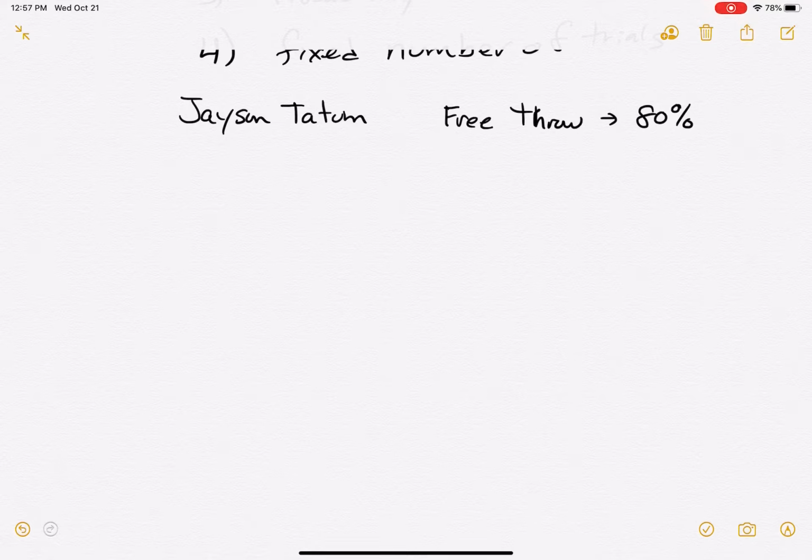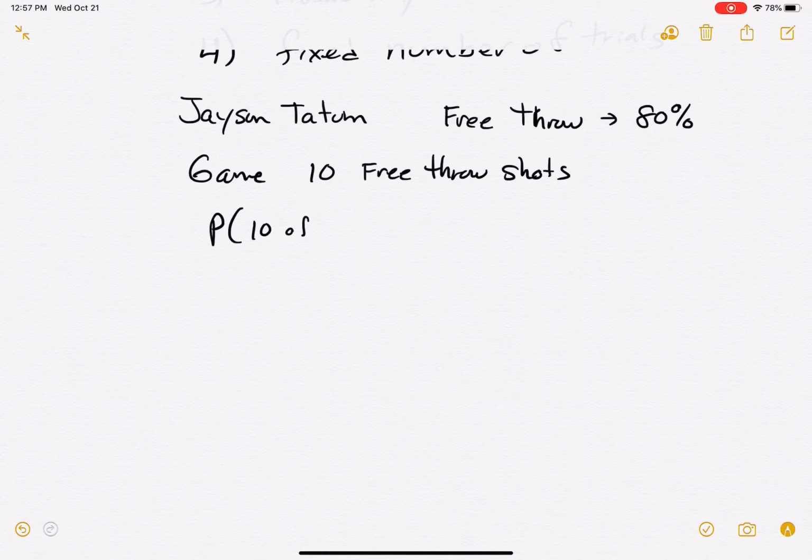Let's say in a game, he takes 10 free throw shots. What's the probability he makes 10 of 10?